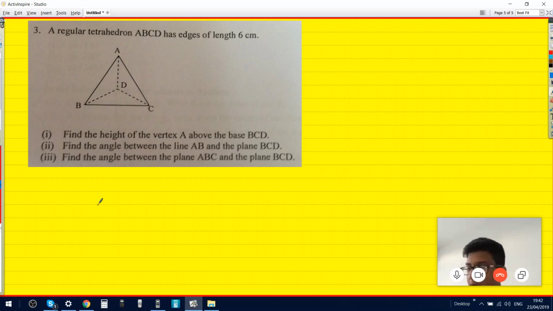Okay, so they want the height of vertex A above BCD. So yeah, I'll just sketch that.